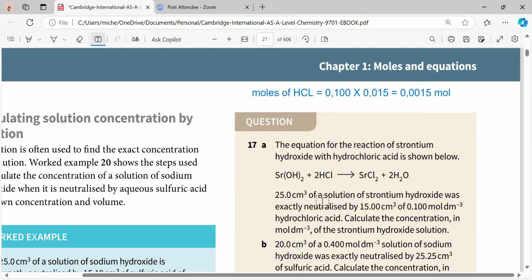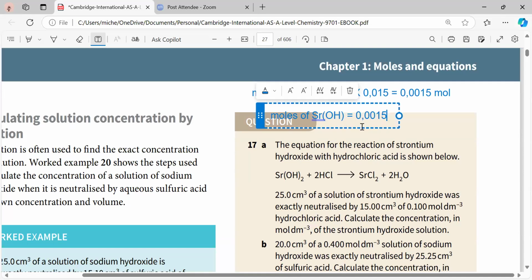There are no numbers in front of strontium hydroxide, meaning that it is only 1 mole. So therefore we have to take 0.0015 and divide that by 2.